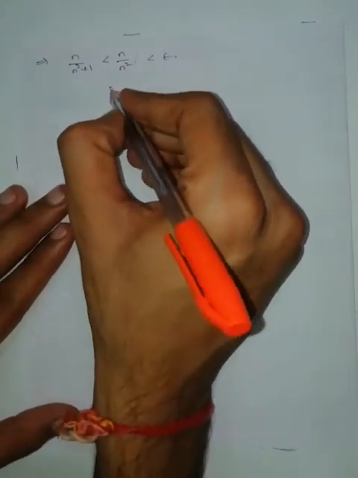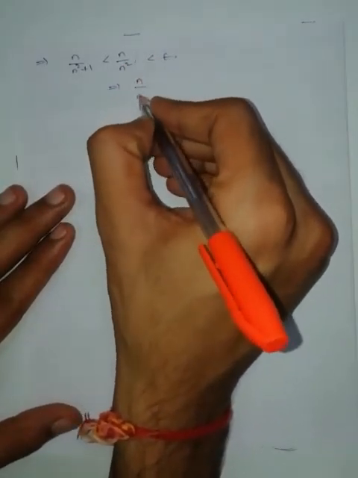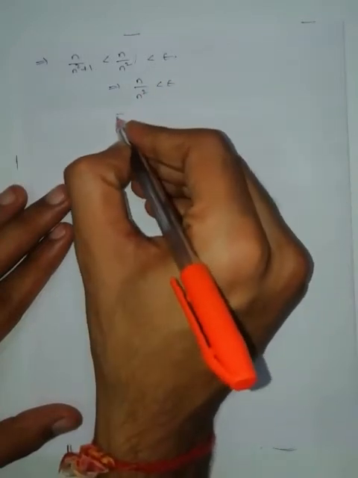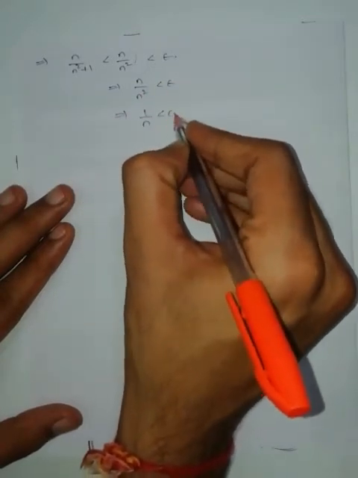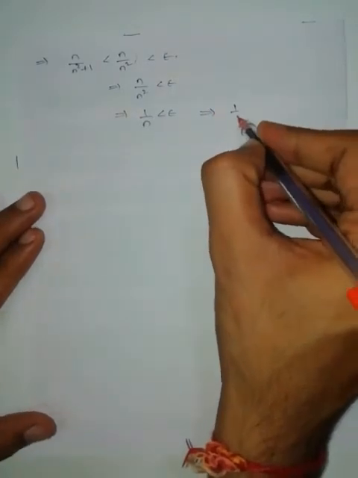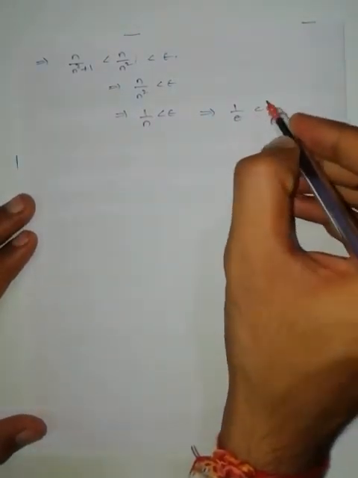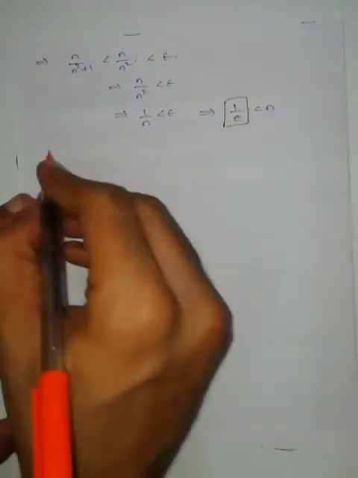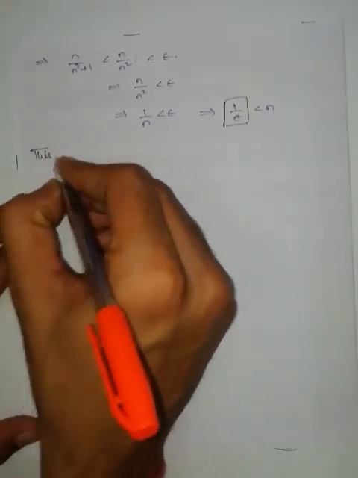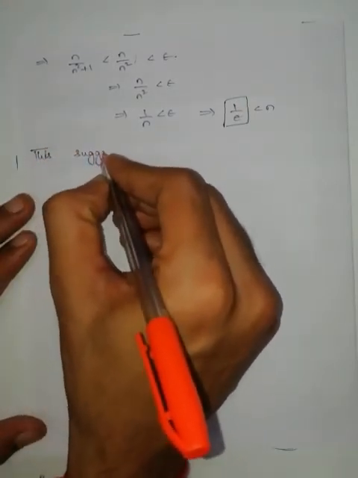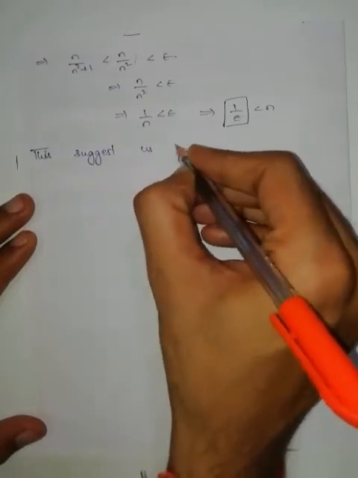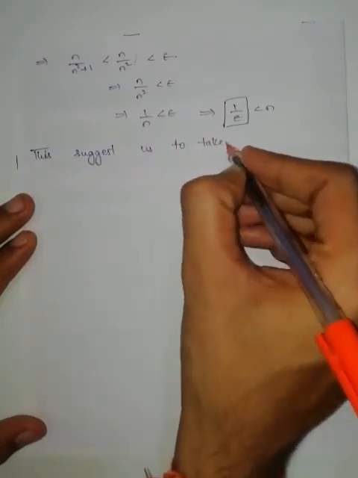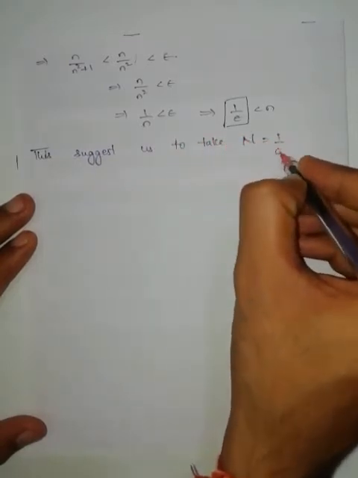So n by n square is less than epsilon, this implies 1 by n is less than epsilon, this implies 1 by epsilon is less than n. So this suggests us to take capital N is equal to 1 by epsilon.